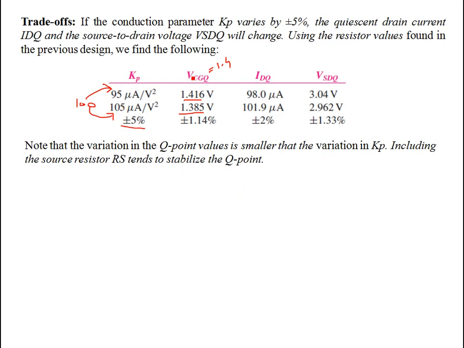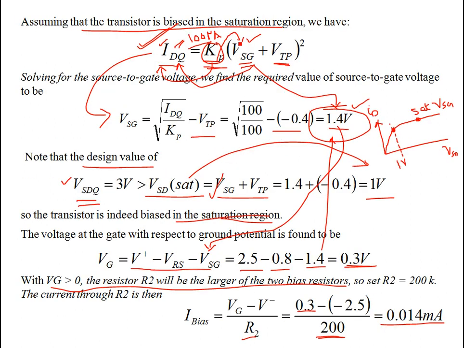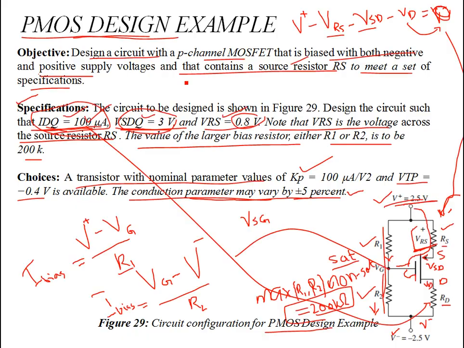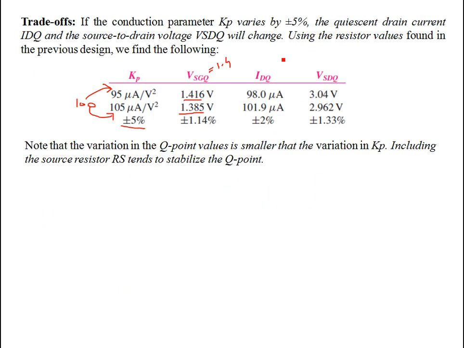If you plug this variation of VSGQ into the IDQ relationship, there will be a change in IDQ. Let's see how much that is. We have a change of about 2%, from 100 microamps to 98, so minus 2% and plus 2%, about 102 microamps. Similarly for VSDQ, the variation is about 1.3%.